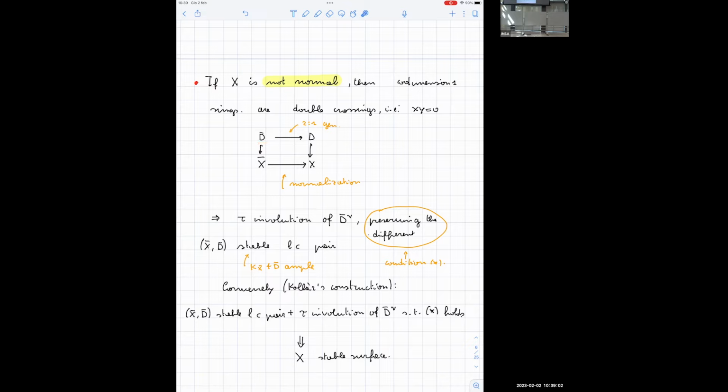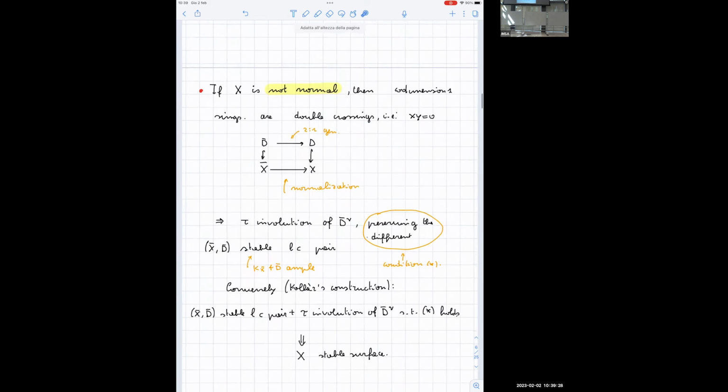And this involution has some geometric property, it preserves the different. I'm not going to define the different, but it's an effective Q-divisor on D bar nu that is the correction term in order to make the adjunction formula work in this singular situation.